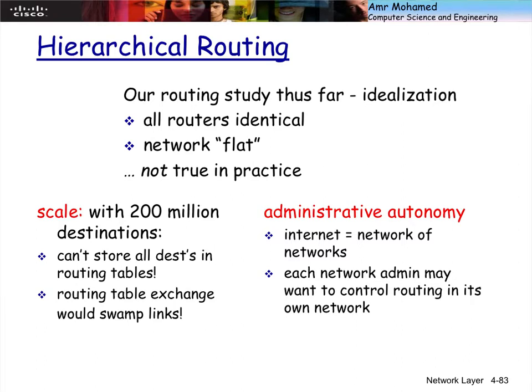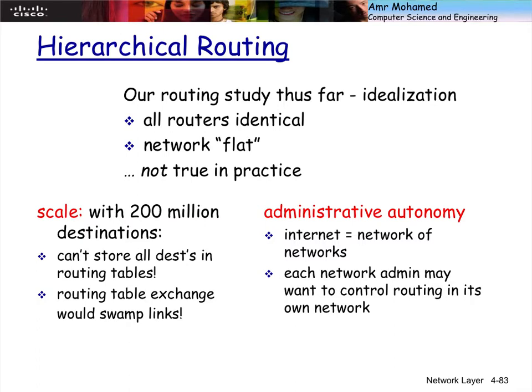Another problem is that even the internet is not designed to have one single domain, because naturally every internet service provider has its own control over its own infrastructure, right?